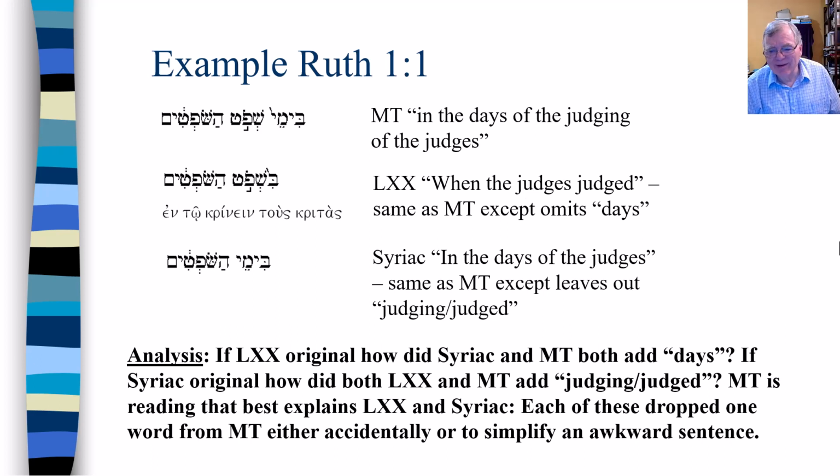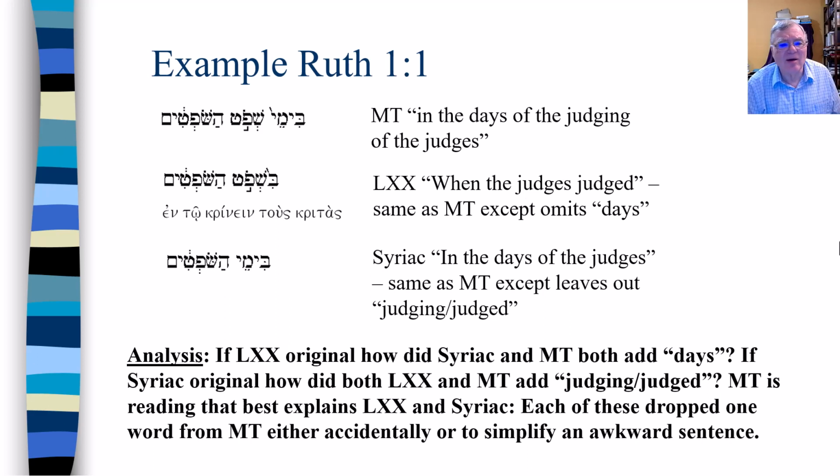And so again, it's kind of two against one, and so that suggests that may be problematic. Then, if you assume that the Masoretic text is correct, well, how does that explain the other ones? Well, then you would say that, in the case of the Septuagint, it perhaps accidentally omitted the word days.